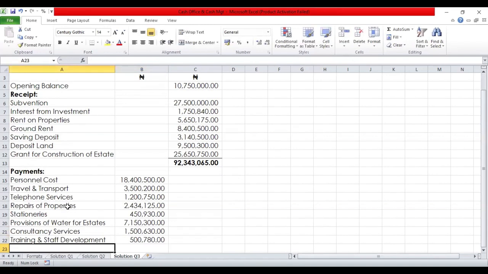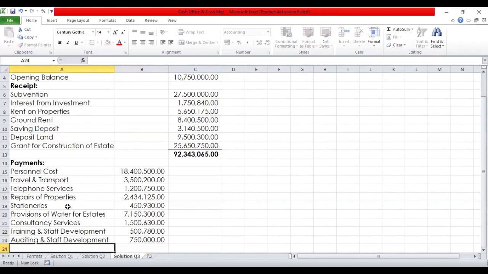The next one. Auditing. How much is that? 750,000.